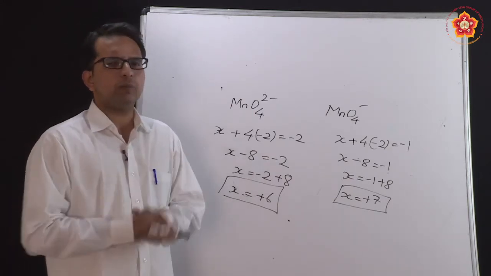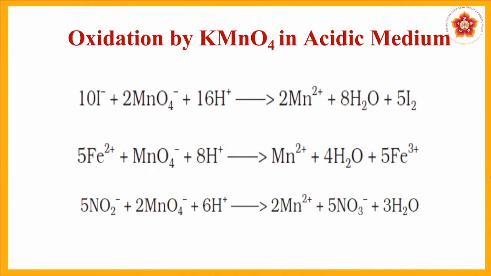So, now let us see some of its applications and uses in these cases. The very first thing that we see is how KMnO4 can act as a very good oxidizing agent. Once again, just to rewind the concept, an oxidizing agent is something that helps in the oxidation of systems.